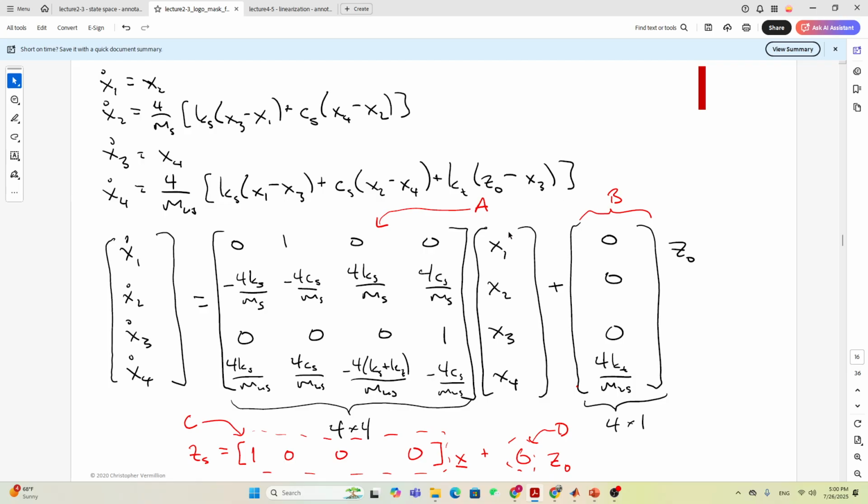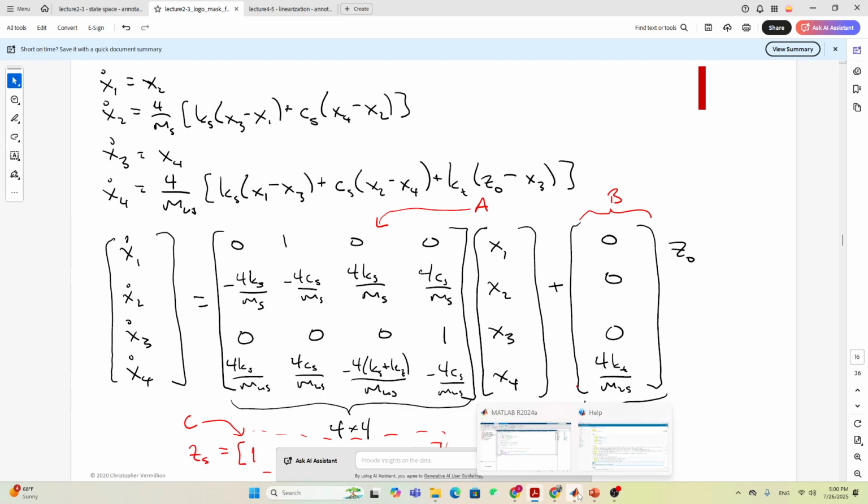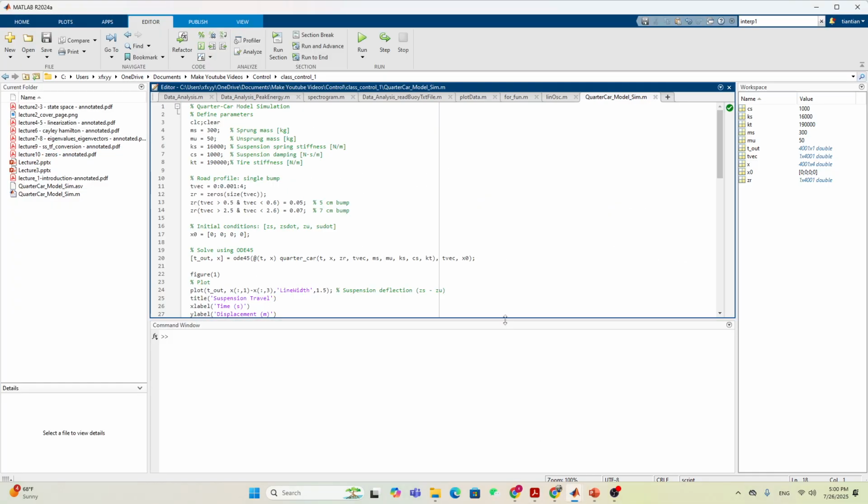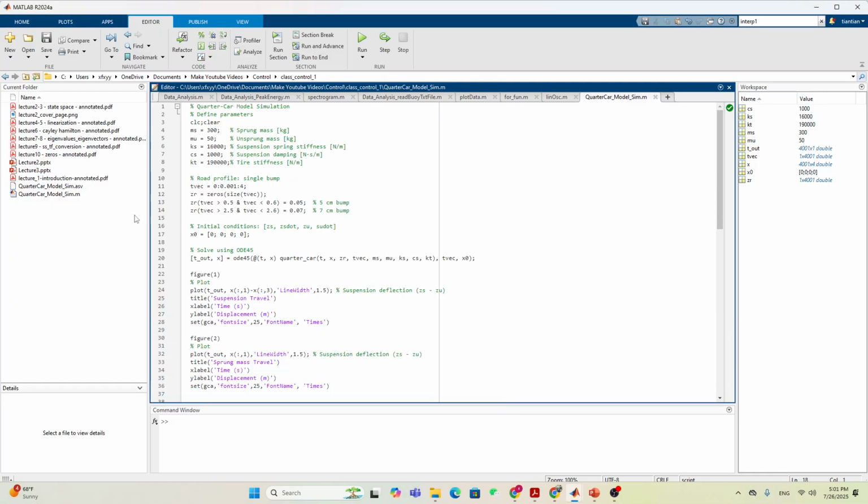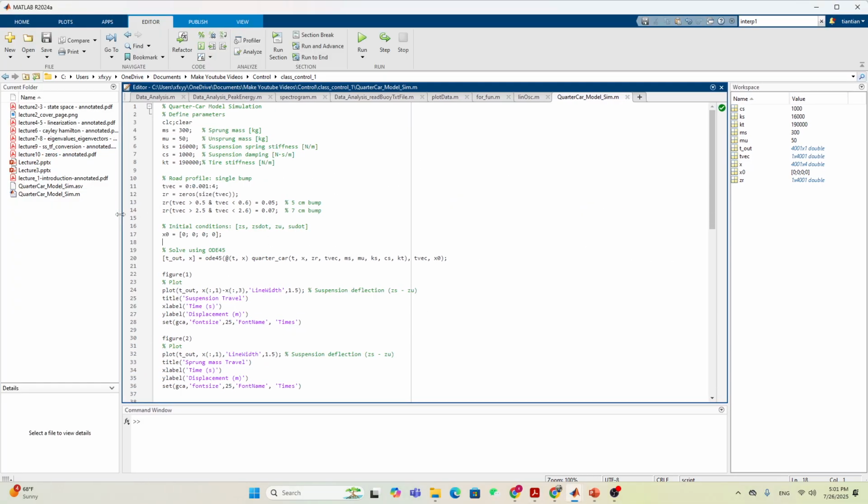So now, after we have seen how we derive the state space model, we are also going to use a MATLAB simulation to look at how the quarter car model behaves. In this MATLAB simulation, I have defined those variables, and my total simulation time is only 4 seconds.